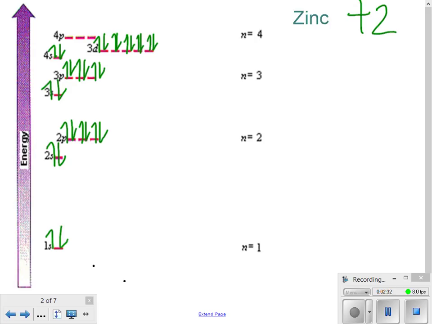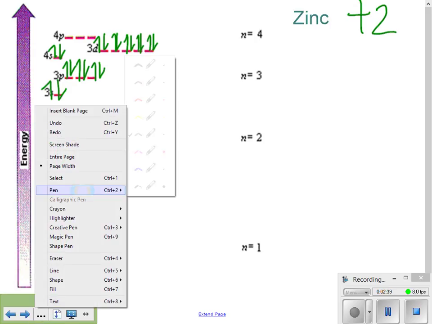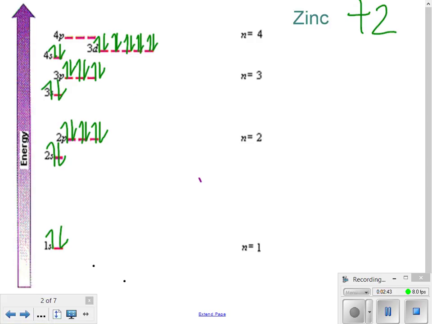which you already knew. But with that being said, one of the reasons they're really weird is this s and d sublevel that we have, the 4s and the 3d sublevel, are really close in energies. Okay, so what we've come to realize is that the 4s sublevel is lower than 3d if there's no electrons in 3d.